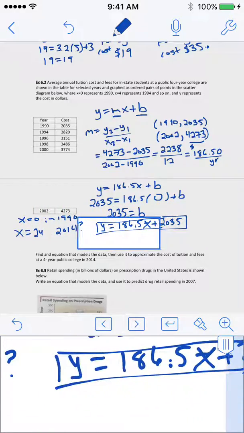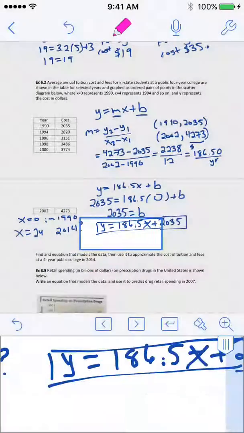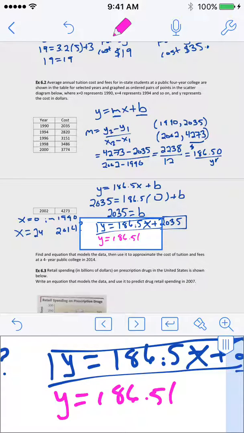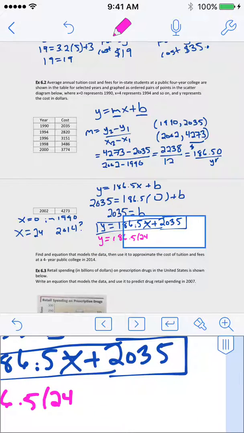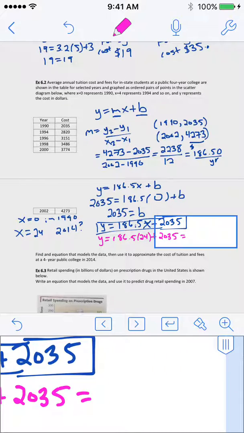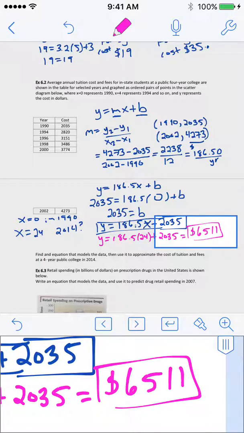So let's plug in 24. So y equals 186.5 times 24 plus the 2035 to start. And we can either do that by hand or by calculator. We end up getting about $6,511. That's what it's going to cost us in 2014.